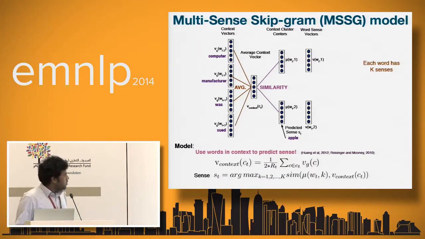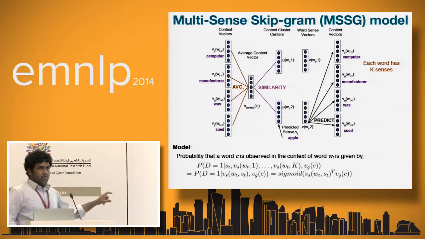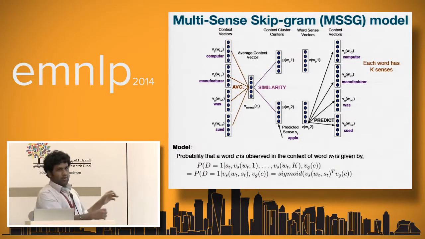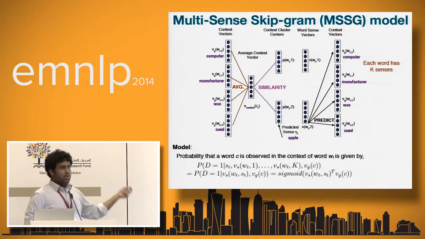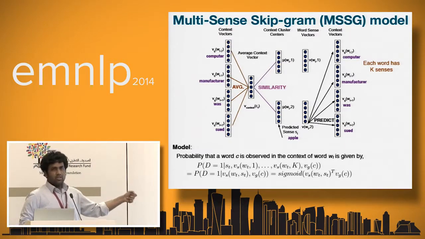Once we predict the sense of a token, using that picked sense vector, we predict words in the context. This step is similar to the skipgram model, and the difference is that instead of using just a single vector for the word, we first pick the sense vector, and then using that sense vector, we try to predict words in the context.